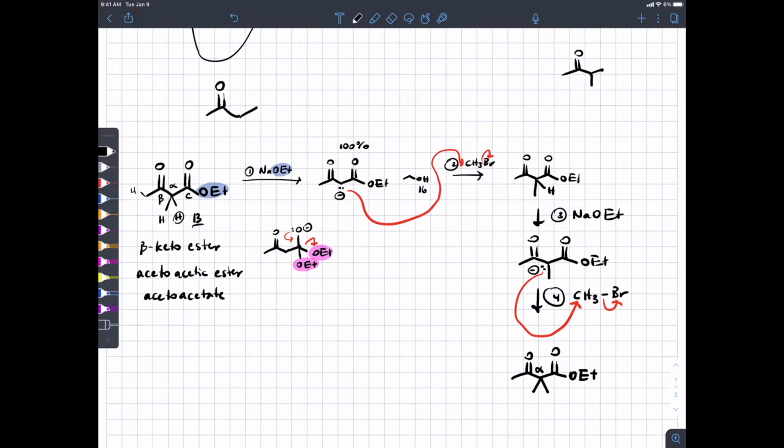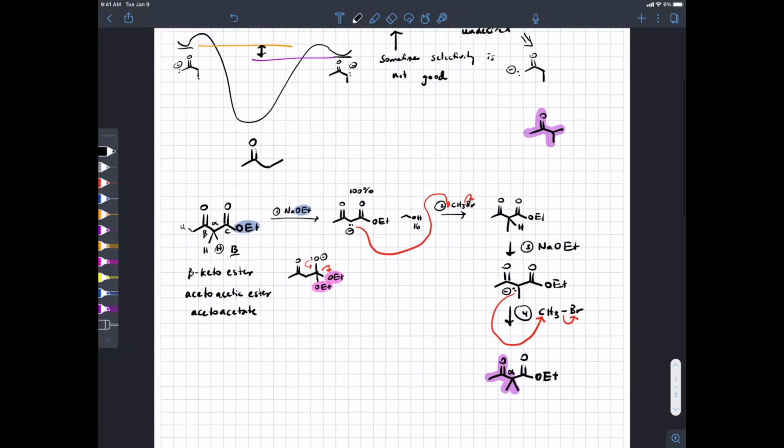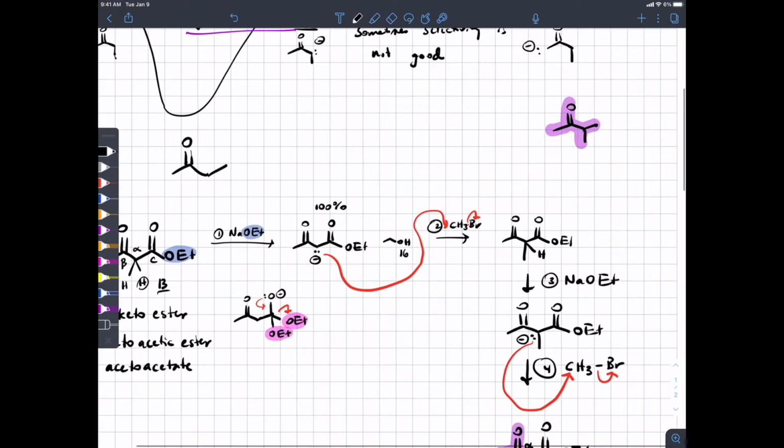And just as a hint, notice that now we've made all of the key connections in our molecule, but somehow we have to get rid of the ester part. The two carbon-carbon bonds we needed to make were here, and we've already done that.